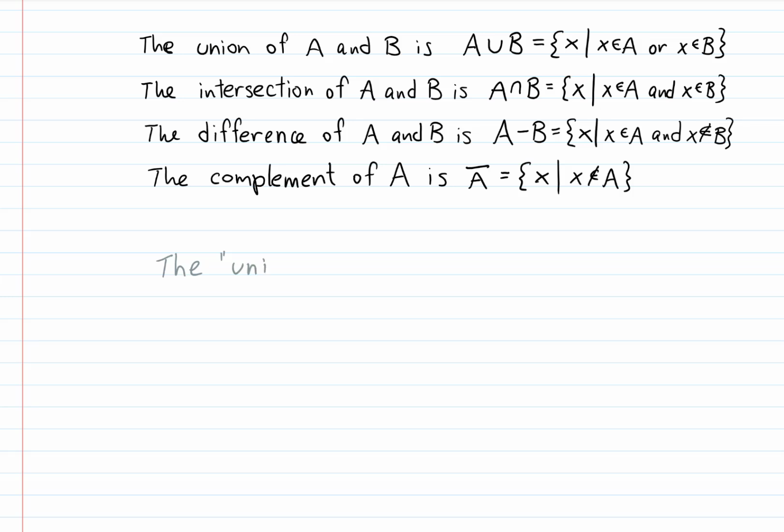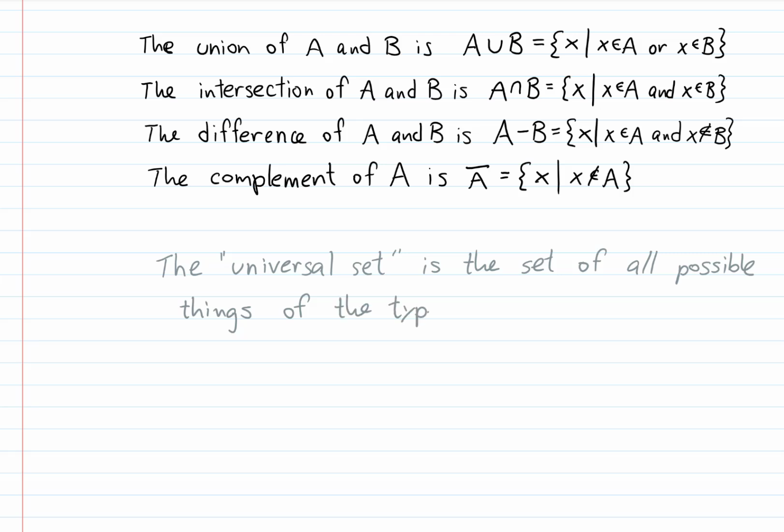The universal set is the set of all possible things of the type under consideration.